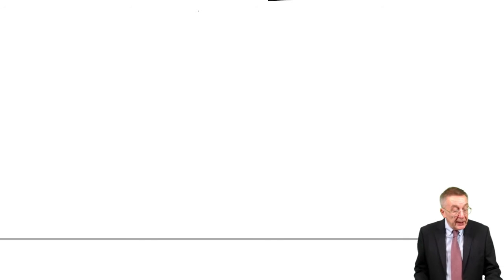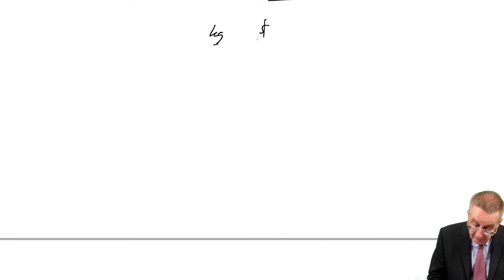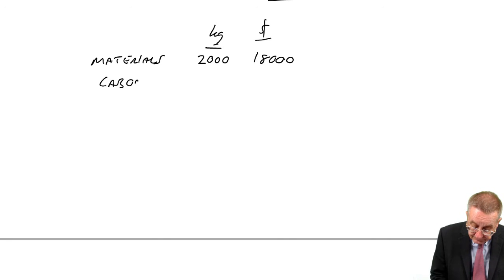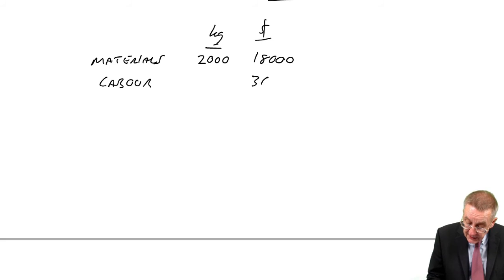Example 4, the last one. During June, the following costs were incurred in a process. Off we go. Let's do our costings. Materials, 2,000 kilos at a cost of $18,000. Labour, 36,000.